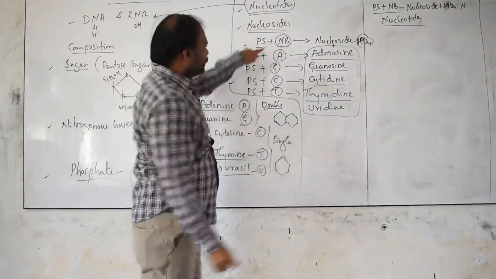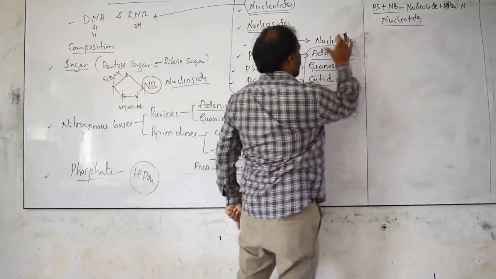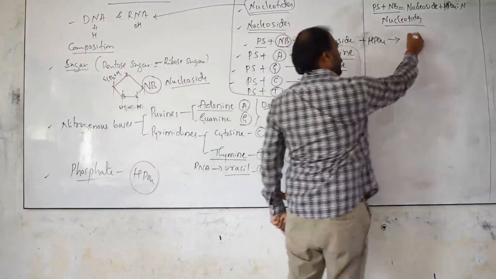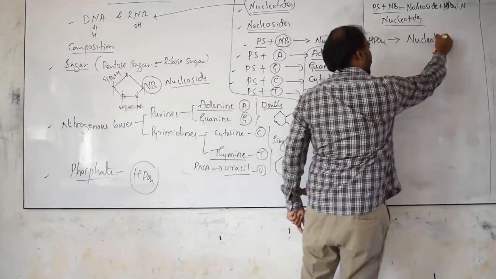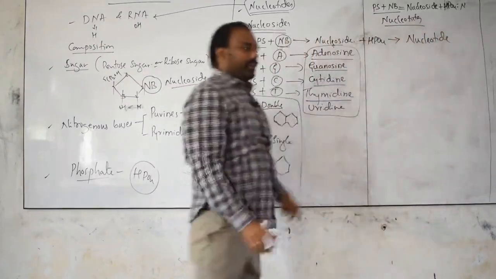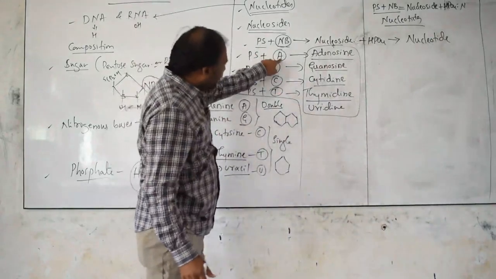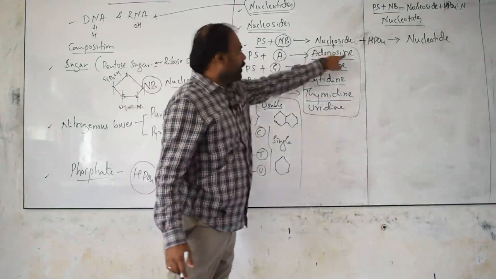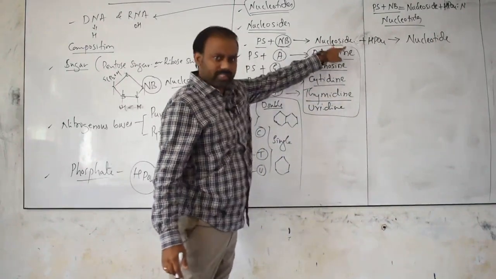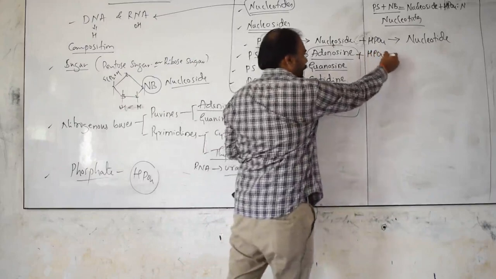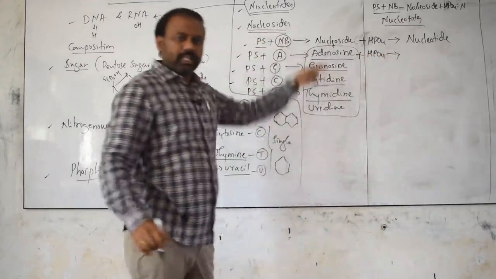See, first one here, nucleoside plus HPO4 yields nucleotide. Then we will take very specific ones. Pentose sugar plus adenine yields adenosine, nothing but nucleoside. To this nucleoside I am going to add HPO4, that is phosphate.